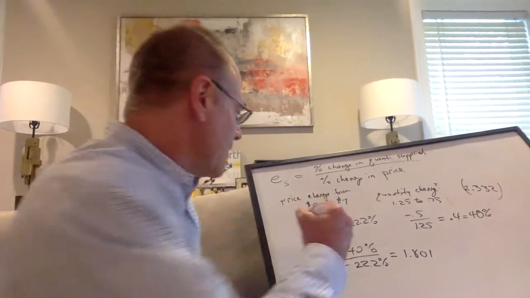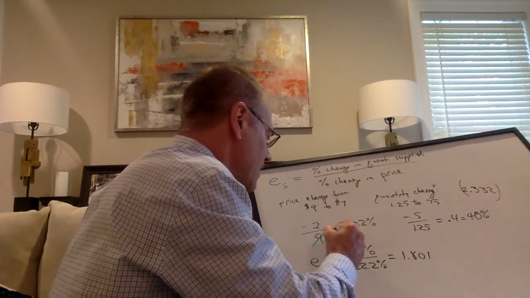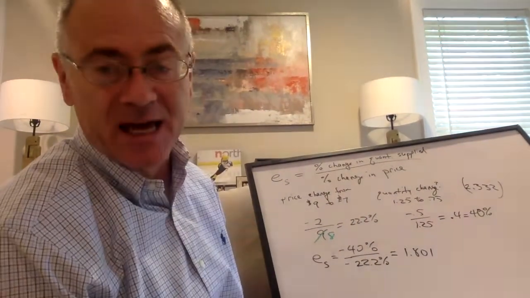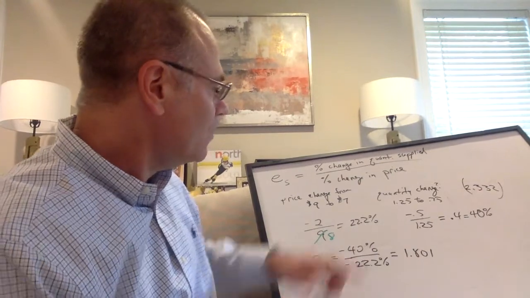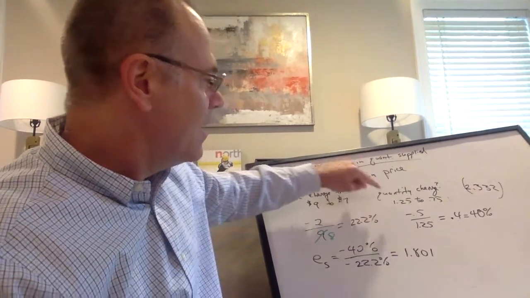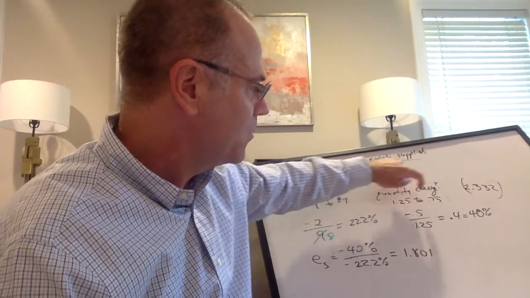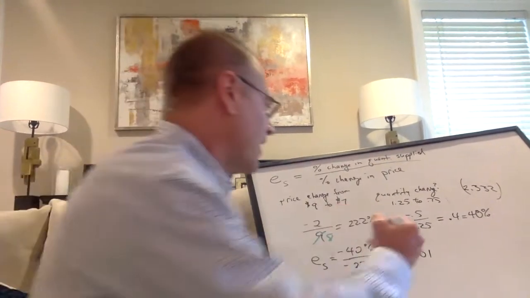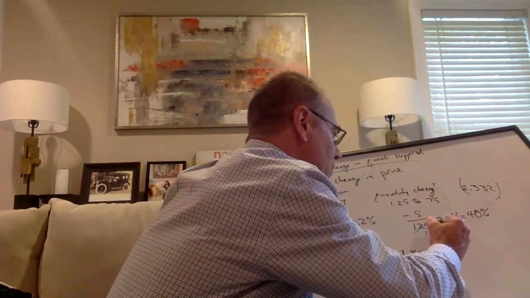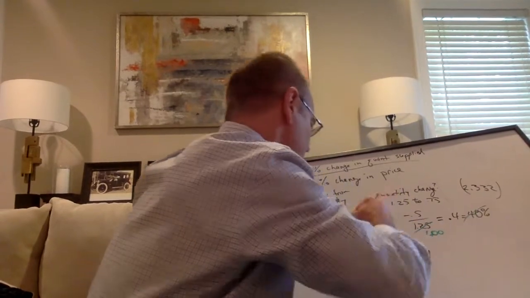If we do that, let me use green as the marker for that case. The price change is still the same, $2, but the base is different. We're going to use 8. The quantity change is still the same, negative 0.5. But the base, I'm going to use the average of those two numbers, 1.25 and 0.75, and that is 1.00. We get different numbers.